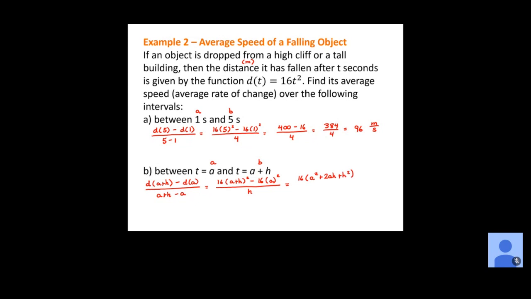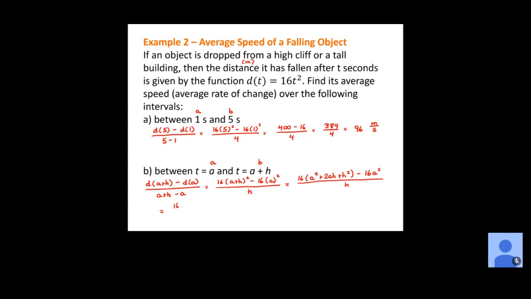And that's just using one of those formulas from back in chapter 1, right? If we have a perfect square, when we square that, it should give us that. And then minus 16a squared all over h. All right, and I'm going to continue down here. So the next thing I'm going to do is distribute the 16.